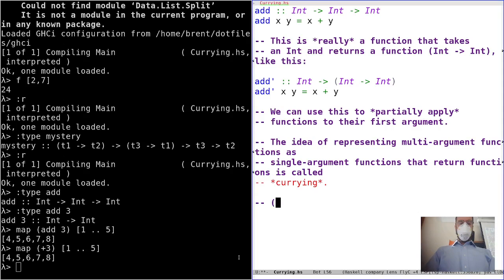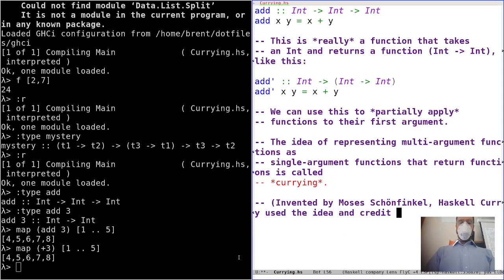Invented by Moses Schönfinkel. But Haskell Curry used the idea and credited Schönfinkel.